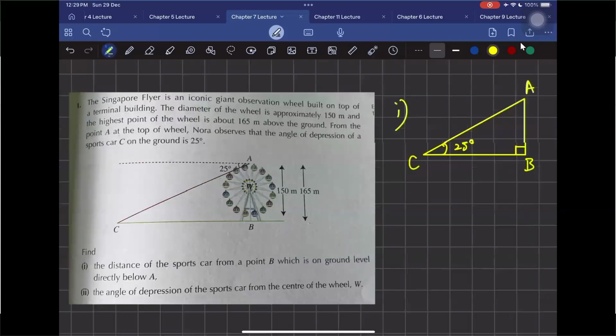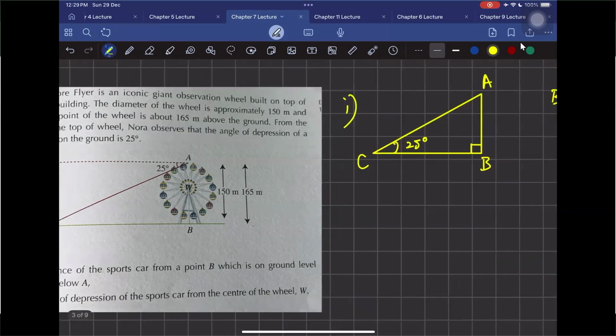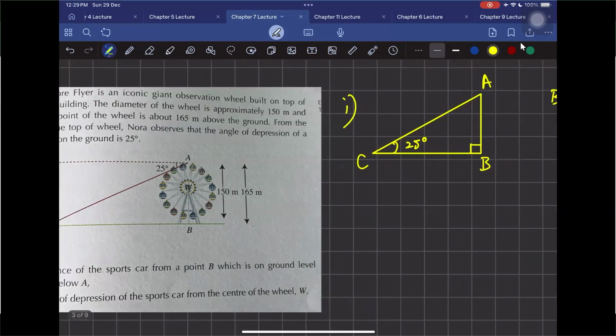You're also given that the diameter of the wheel is 150 meters, but the highest point of the wheel is about 165 meters. So in this case, which one should you use? Okay, if you said 165, you are correct, because you are looking from the highest point of the wheel, not at the diameter.